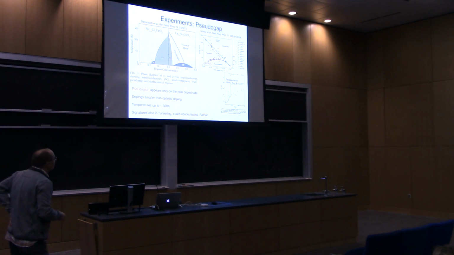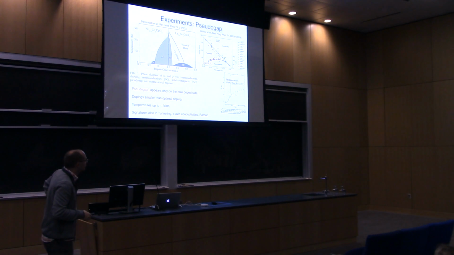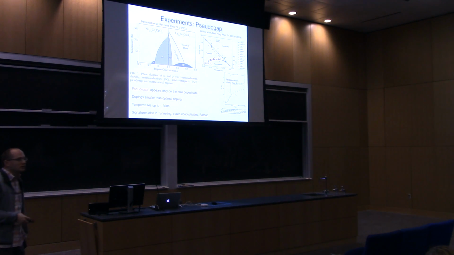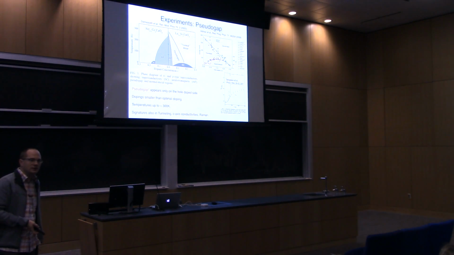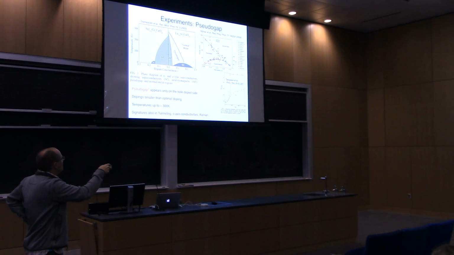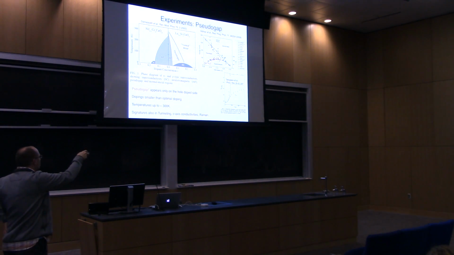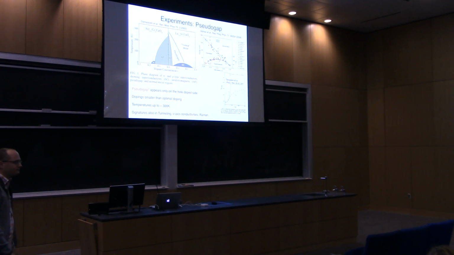Now, one of the very early plots where the pseudogap was discovered is this one by Takigawa and collaborators, which shows the NMR Knight shift as a function of temperature. What you would expect at a phase transition like the superconducting transition is that above that transition, the Knight shift simply behaves like a metal, and then you enter the superconducting state, and it just plummets and goes back to zero.